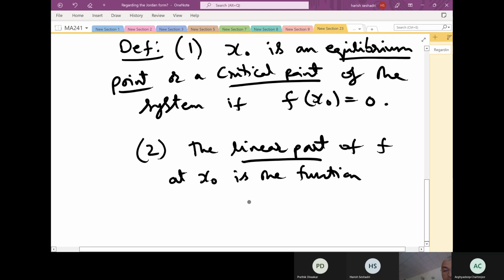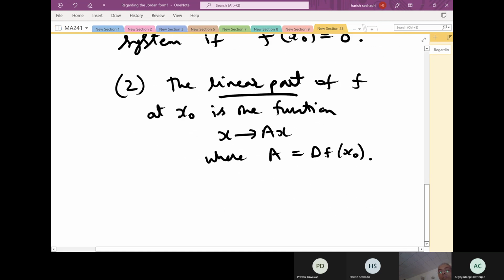The linear part is the function x going to Ax, where A equals Df at x naught. This has nothing to do with differential equations. Whenever you have a C1 function, you can talk about its linear part. And why do we call it the linear part?